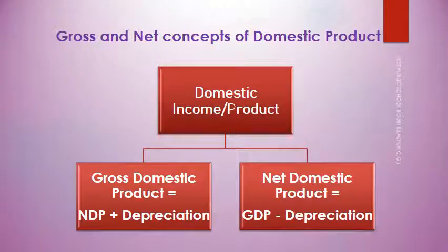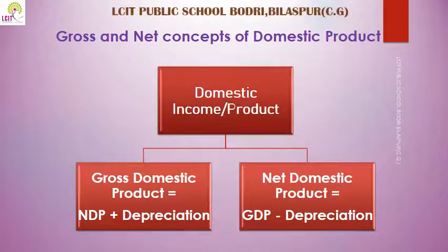The next is a very tiny concept, that is gross and net concepts of domestic product. We have learned what a GDP is. It is the production of overall goods and services in a particular country. Domestic product can be categorized into two types, gross domestic product and net domestic product.